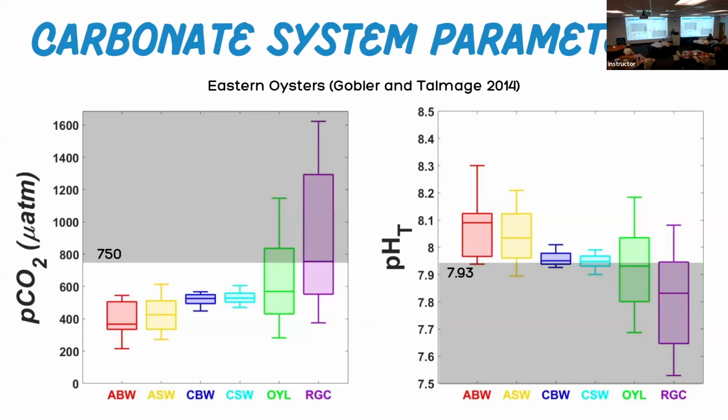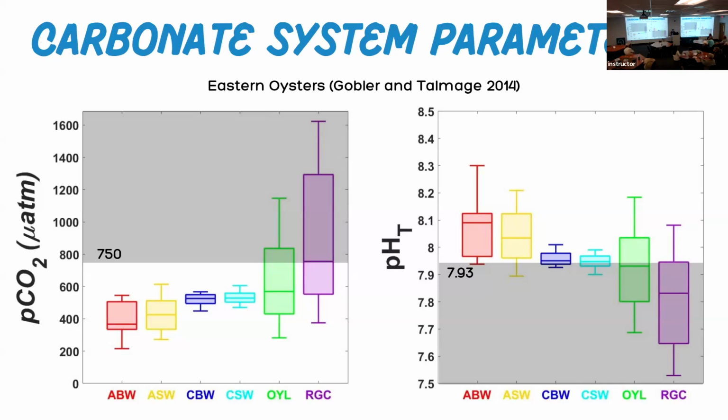One of the organisms I really wanted to look at, to see if we were having detrimental effects, was our eastern oysters, which are readily found around here. A study in 2014 found that oysters exposed to a partial pressure of CO2 of 750 and above had detrimental effects like thinner shells, slower metamorphosis, and increased rate of predation due to being more vulnerable.